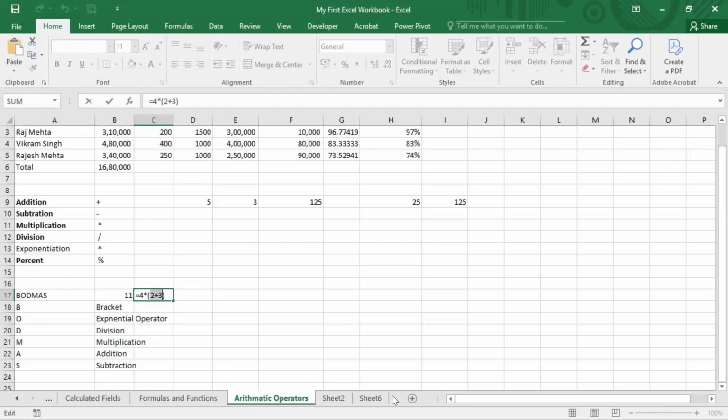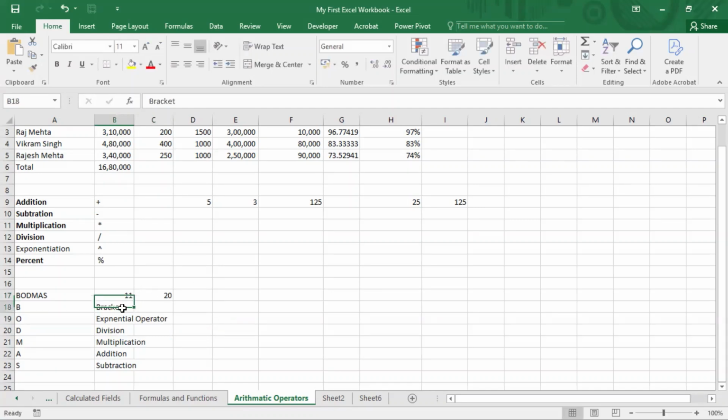So it adds the numbers within the bracket first and then multiplies by 4. 2 plus 3 is 5, 4 into 5 is 20. Whereas in the earlier case, multiplication came first because there were no brackets. So it multiplied first, that was 4 into 2, and then added 3.